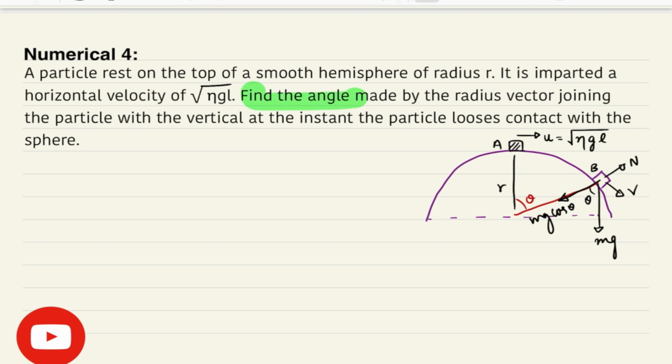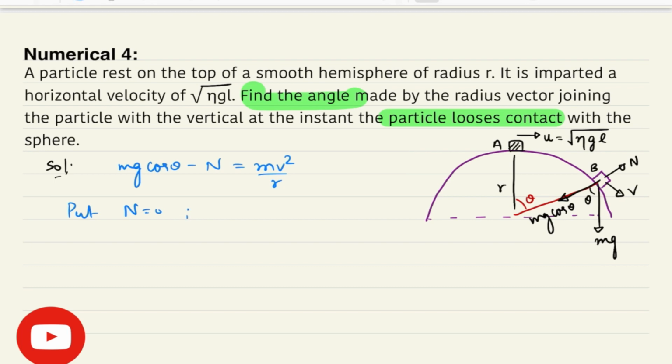Okay, so from Newton's second law equation, the centripetal force can be written as mg cos theta minus normal equals mv square upon r. But here at point B the particle loses contact with the hemisphere. When there is no contact, the normal will be 0.